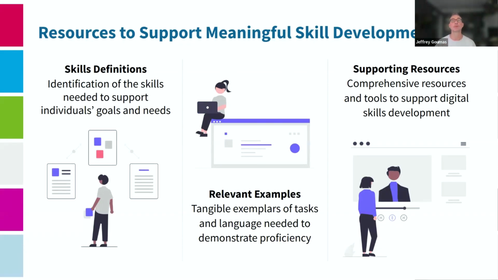It also has example I can statements for teachers and trainers. So sometimes these things are a little bit obscure in terms of, well, I don't know what that means in terms of this being a skill. So there's definitive and contextualized examples so that you can actually put some more meaning behind what this skill actually means in practice.